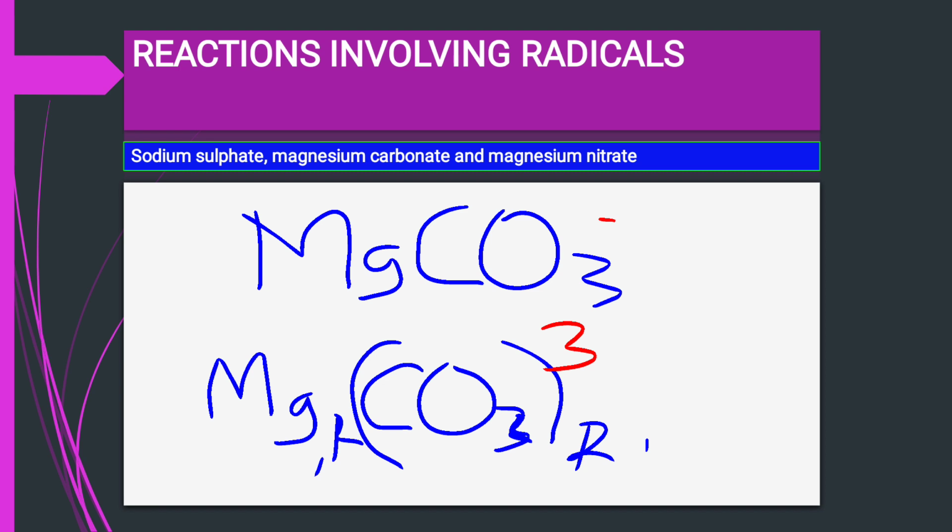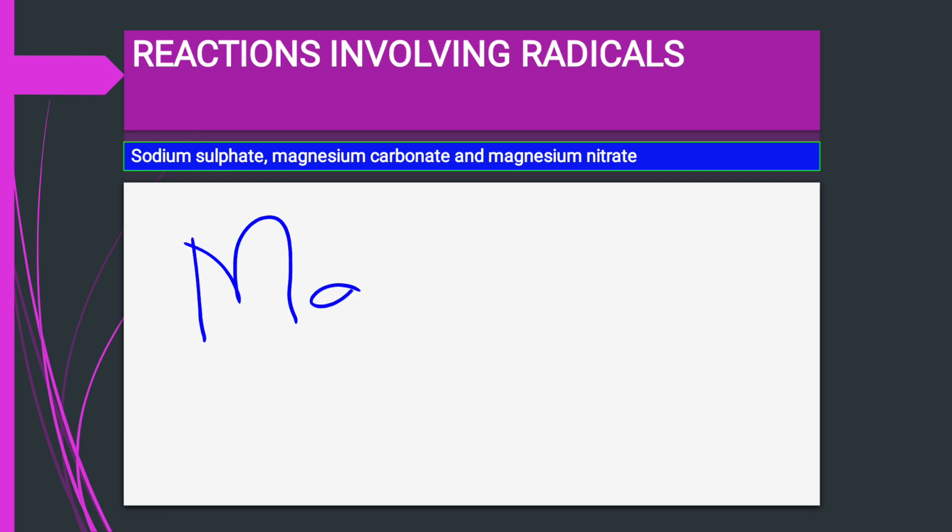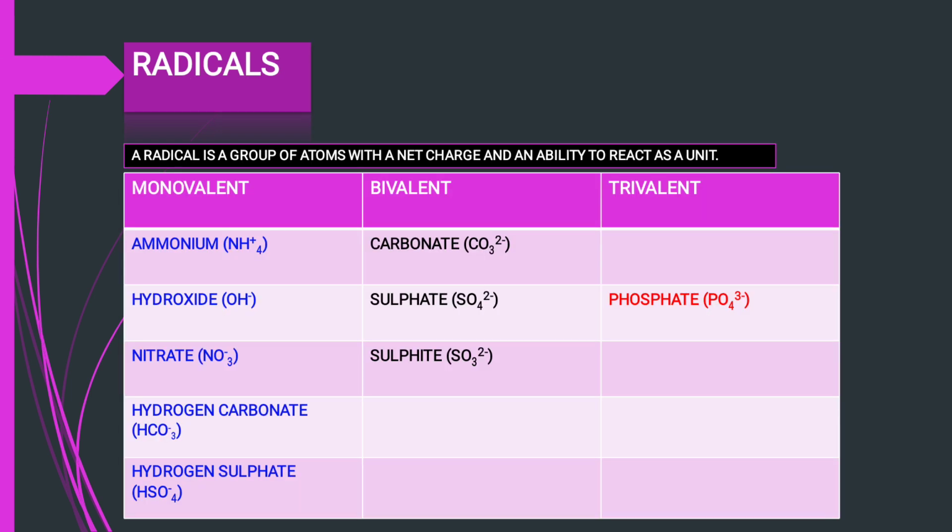So let us look at the last example, and that is the example of magnesium nitrate. When we come to magnesium nitrate, it is nothing different from the examples that we've just looked into. We write magnesium, then followed by the radical of nitrate as this formula.